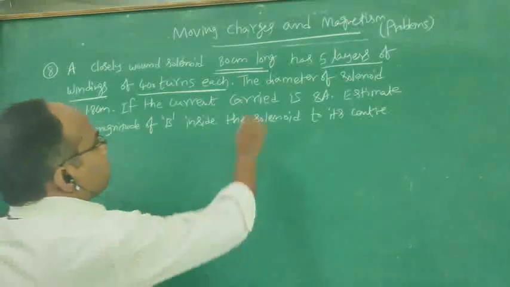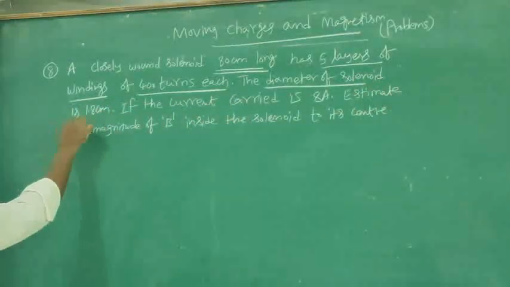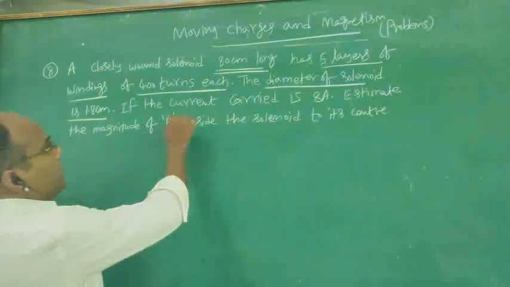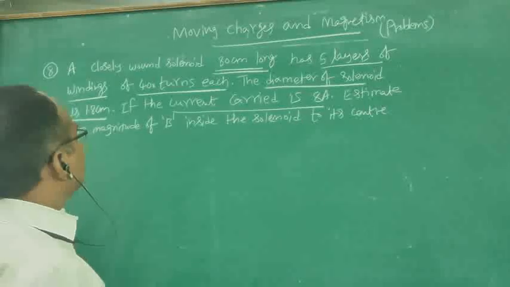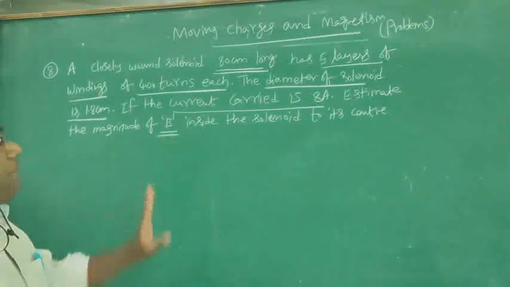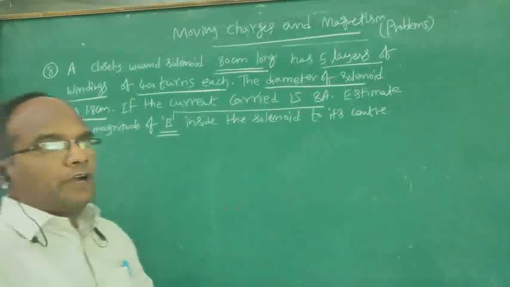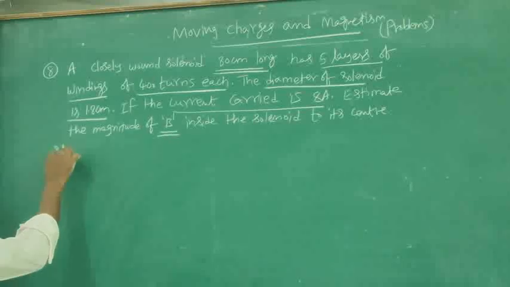The diameter of the solenoid is 1.8 centimeter. If the current carried is 8 ampere, estimate the magnitude of magnetic field inside the solenoid near its center.